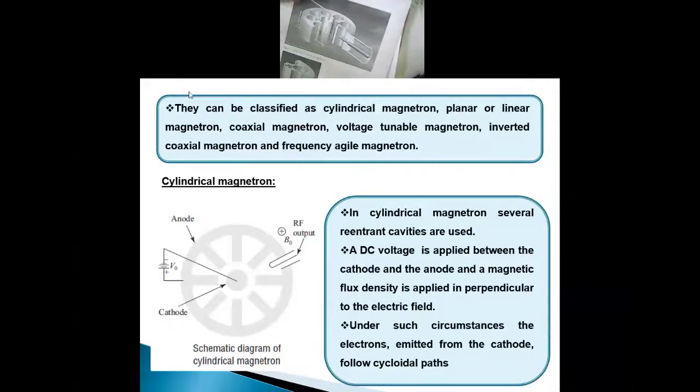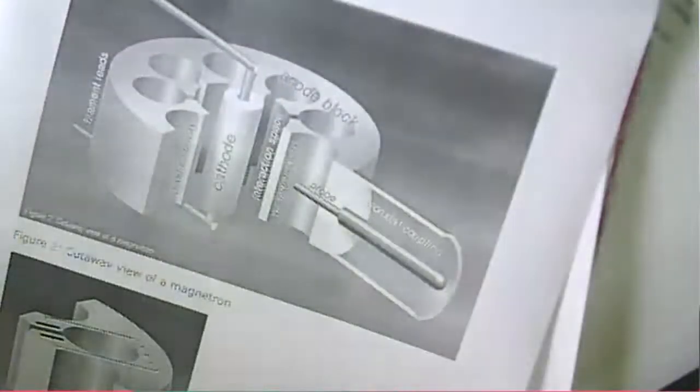That's why it is called a cross field tube. When the electron is emitted under the magnetic field, it will return back.